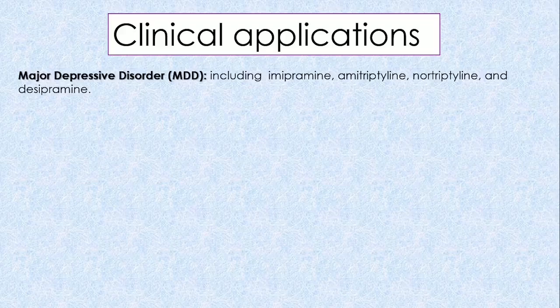If they are not effective, i.e. there is a resistance to the selective serotonin reuptake inhibitors like fluoxetine and its like, in this case we can use the tricyclic antidepressants. The most commonly used are imipramine, amitriptyline, nortriptyline, and desipramine.